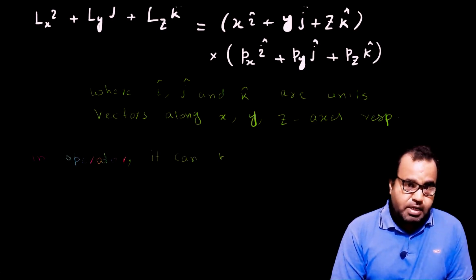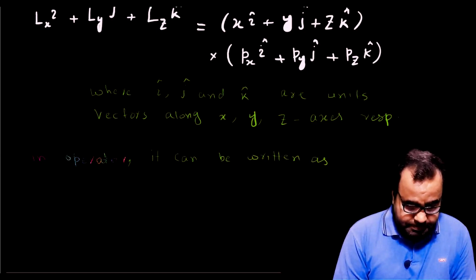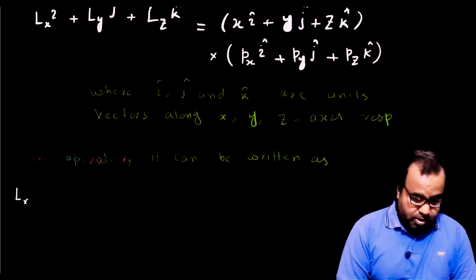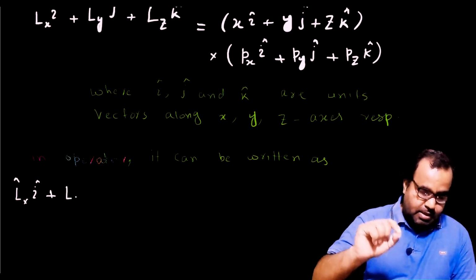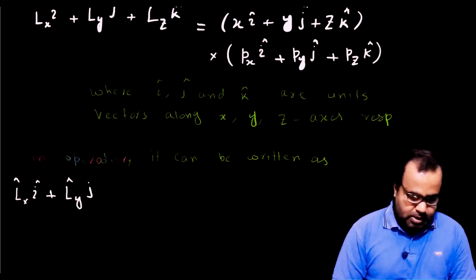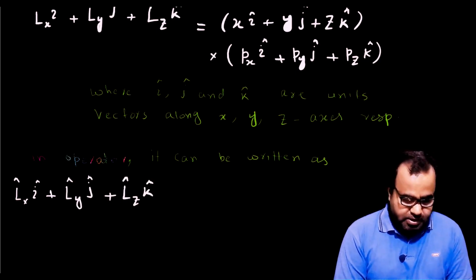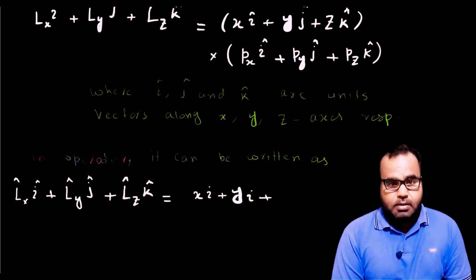So now we are writing here Lx operator i unit vector plus Ly operator j unit vector plus Lz operator k unit vector is equal to x operator i unit vector, y operator j unit vector and z operator k unit vector.